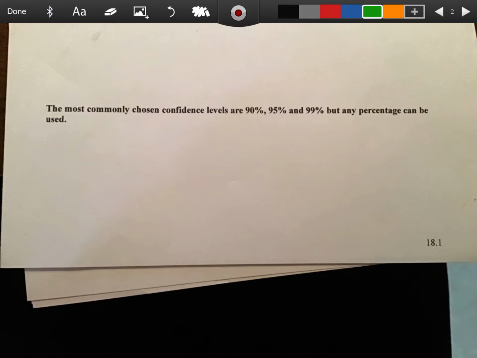So most of the time, you find textbooks talking about 90% confident or 95. You might find it in the news, or in textbooks and studies and research development, but just in general, when we're talking about data, the most commonly chosen confidence levels are 90%, 95%, and 99%.